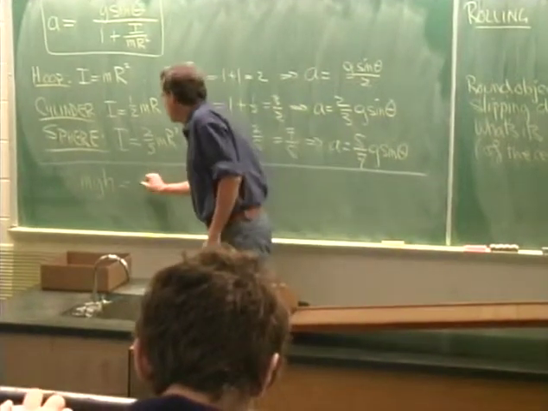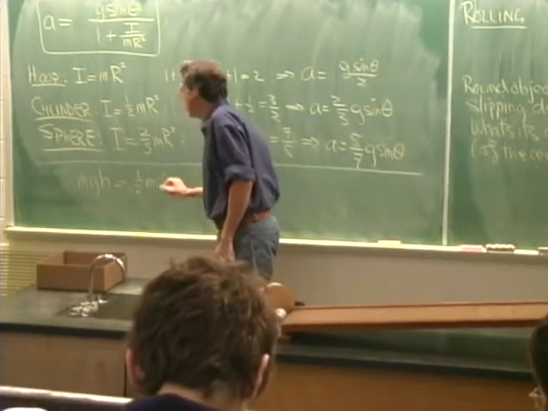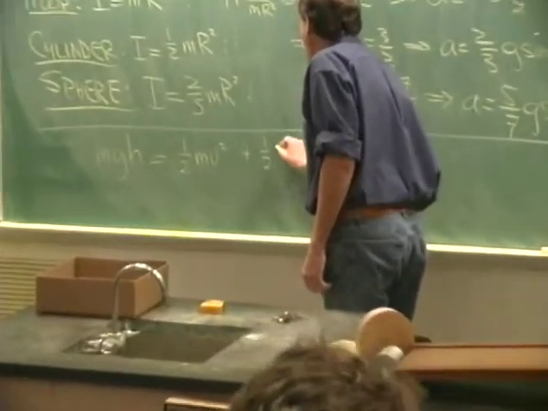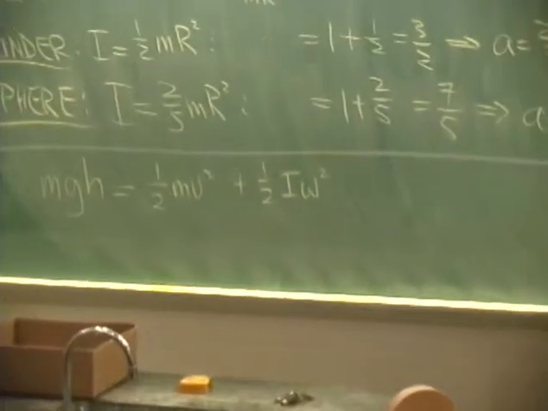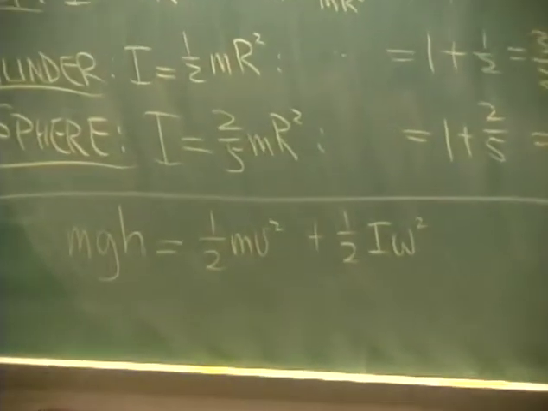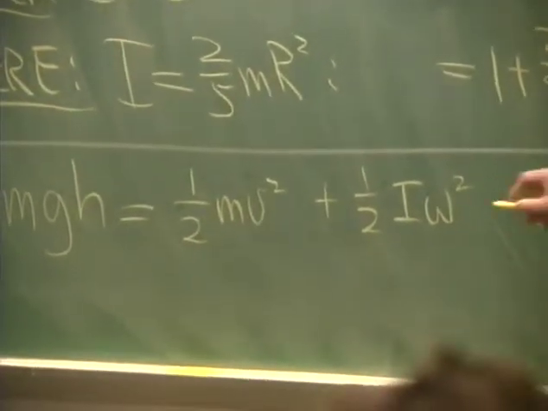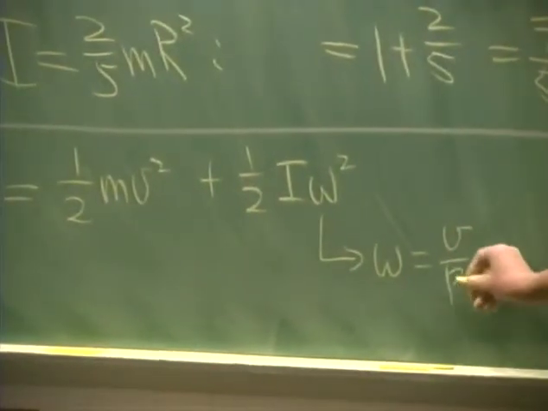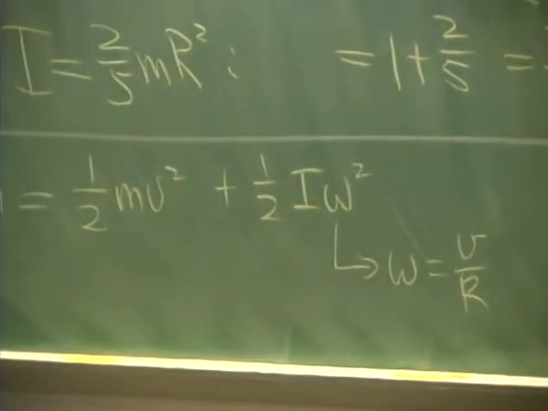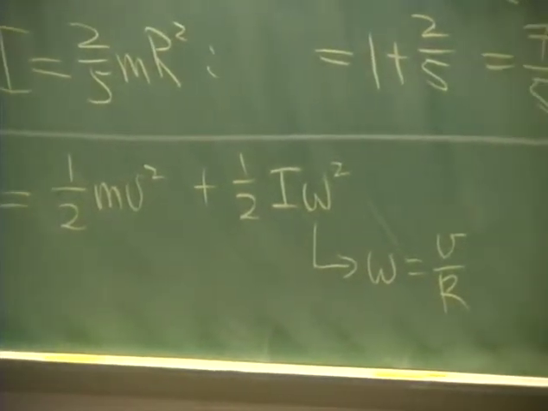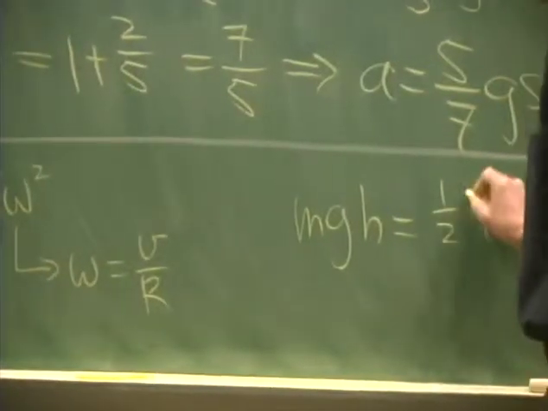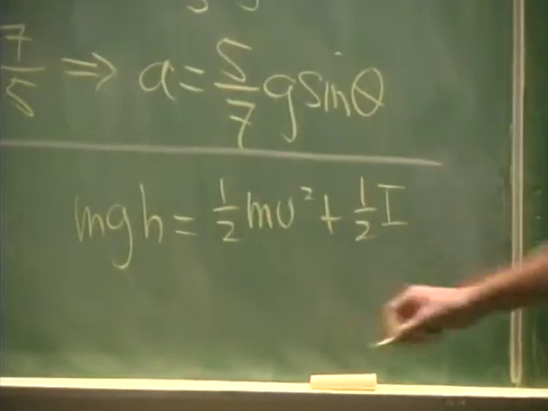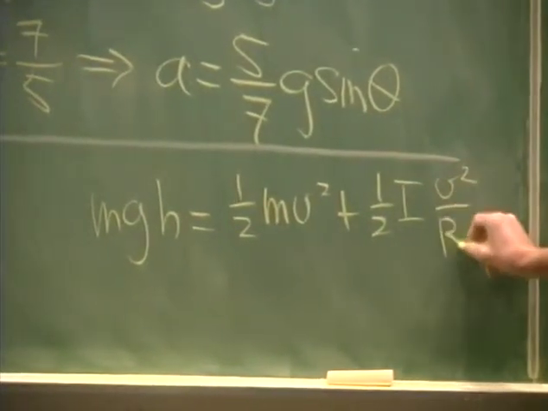Translational kinetic energy, 1/2 mv squared, plus rotational kinetic energy, 1/2 I omega squared. On the other hand, if it rolls, omega is equal to v over r. So mgh equals 1/2 mv squared plus 1/2 I times v squared over r squared.